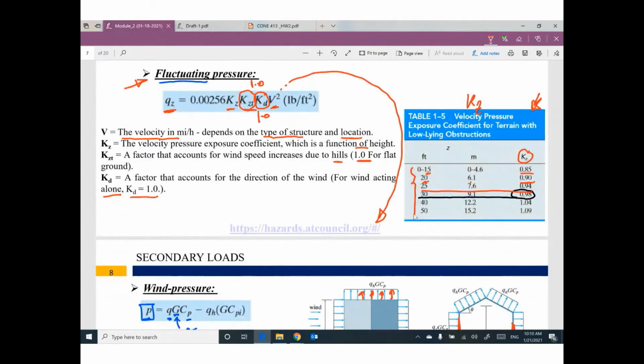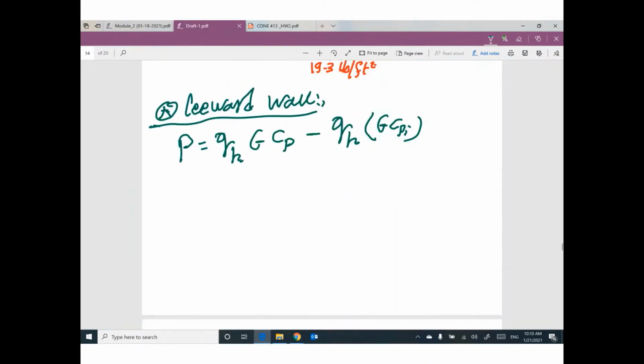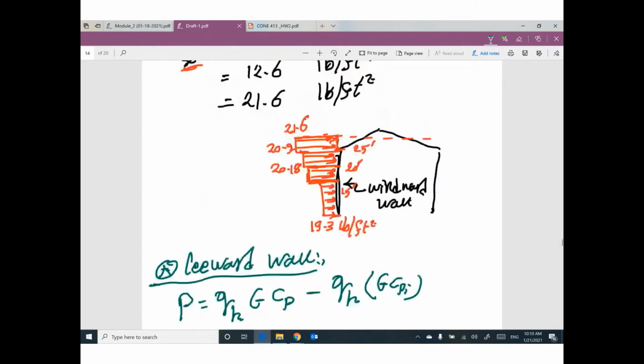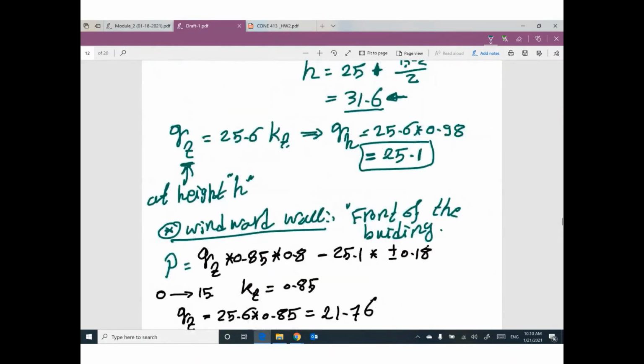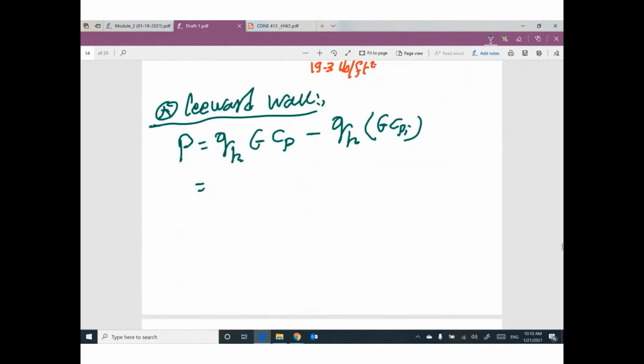Remember, for this equation, Q equals QH if you are talking about leeward. So we will have only one value. QH equals, do you remember that? I calculated QH at the beginning, 25.1. What is the value of G? 0.85. What is the value of CP?